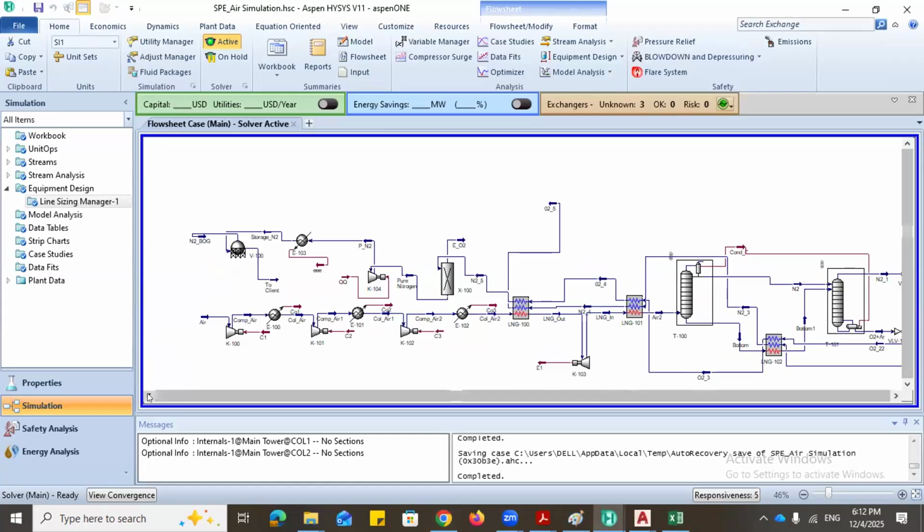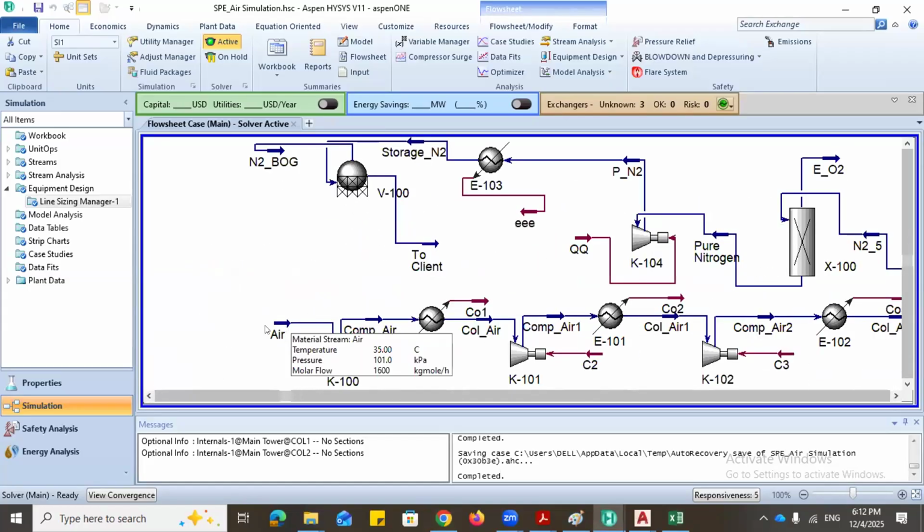So if you look at this line now, see this pipeline or this strip that is here. Depending on where this is coming from, maybe through the atmosphere, before it goes into this compressor, there are going to be a lot of gauges, maybe a pressure gauge and a temperature gauge, for us to know the particular temperature and pressure of the air going into the system at that time.